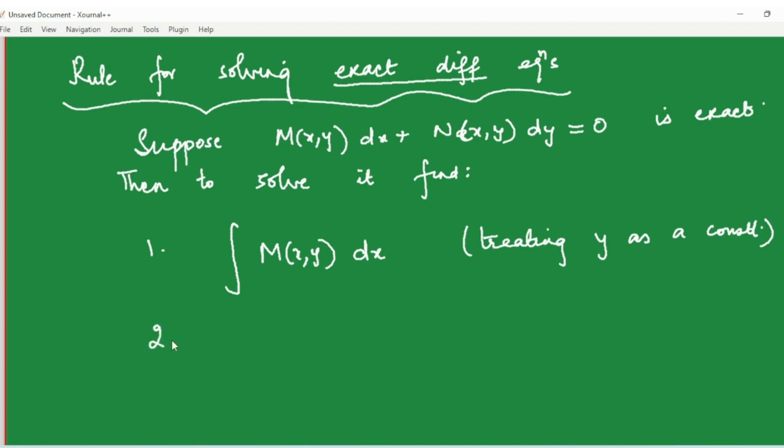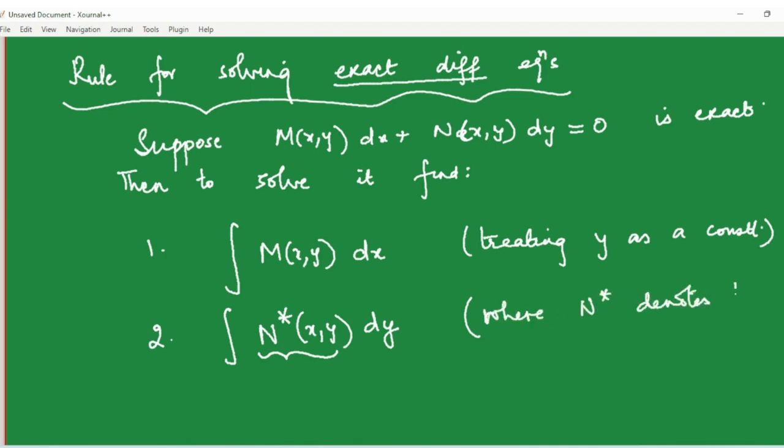In the second step, you find out the terms of n which are not involving x. This n star denotes the terms of n not involving x.